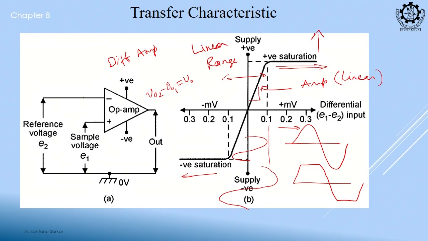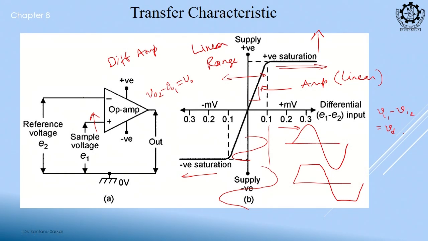Okay. So, let us think this way. Suppose this is your differential voltage, VI1 minus VI2. If I make it more positive, I am giving more voltage to the positive terminal than the negative terminal. So, what will happen?